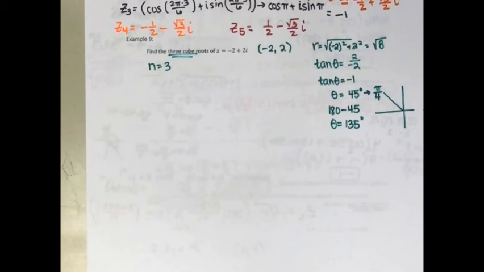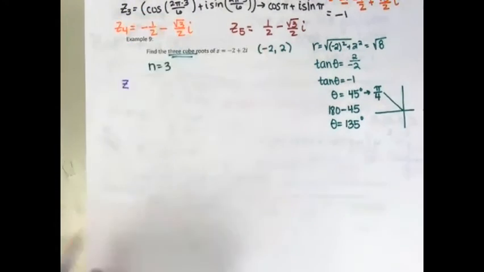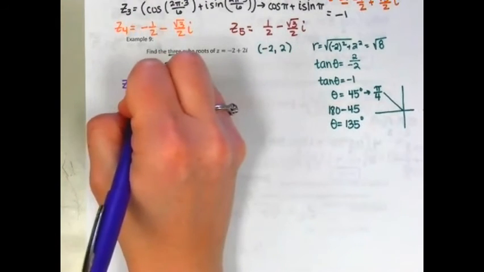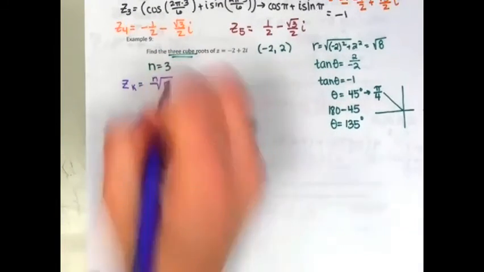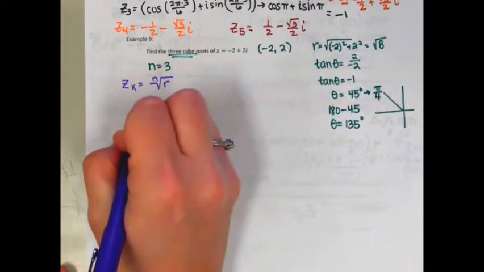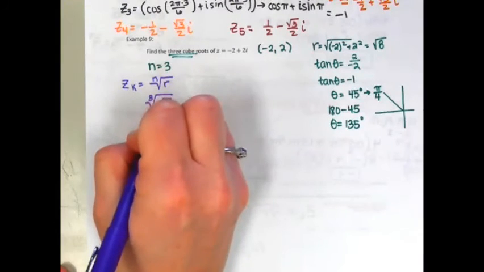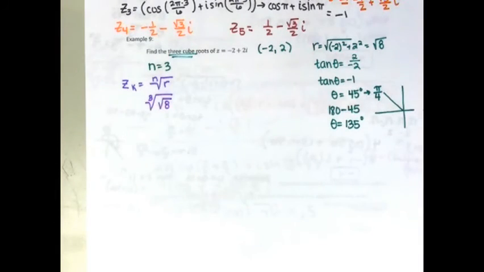All right, now let's go ahead and we'll do a couple of these. So z to the k, remember, is the n-th root of r, right? In this case, we are looking for the cube root of the square root of 8. Is that correct?